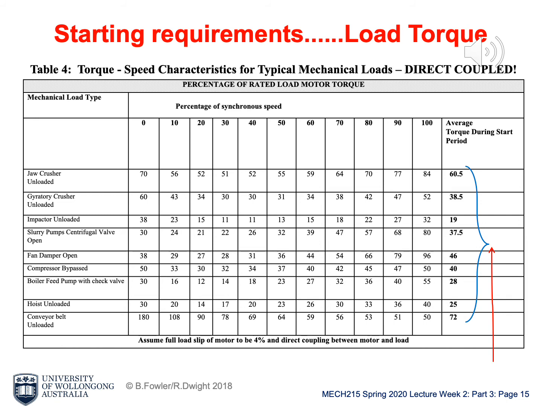And at different speeds, you can see the torque changes accordingly. Sometimes higher, sometimes lower. It's not exactly constant. And in the last column, that's the average. And for the calculation, we normally just take this average torque as our load torque to calculate this acceleration.